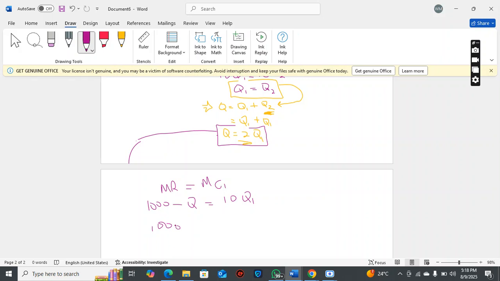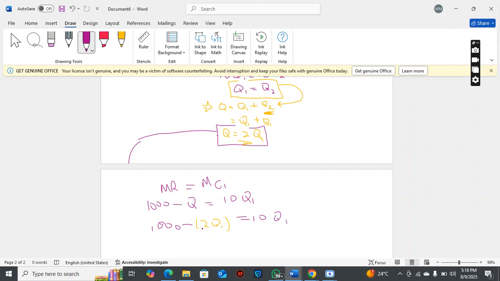Yes, so 1,000 minus, so Q we will replace with 2Q1 here, equals 10Q1.